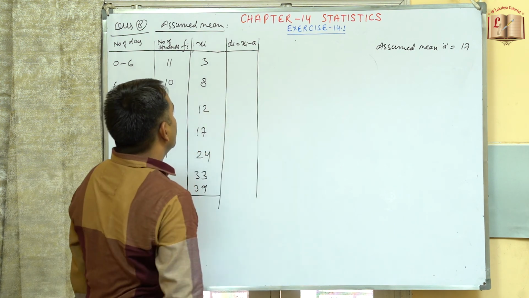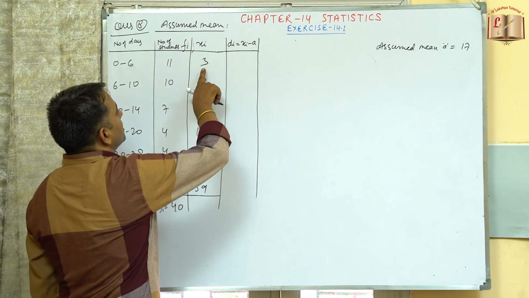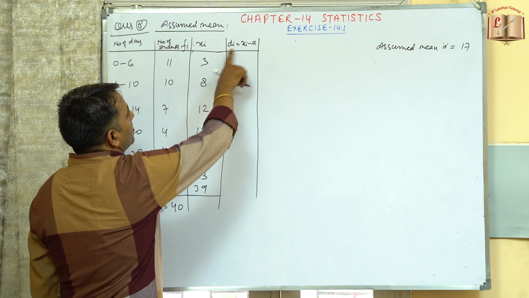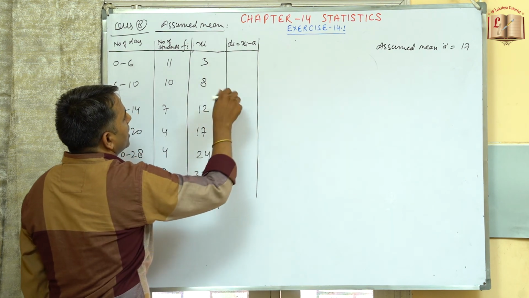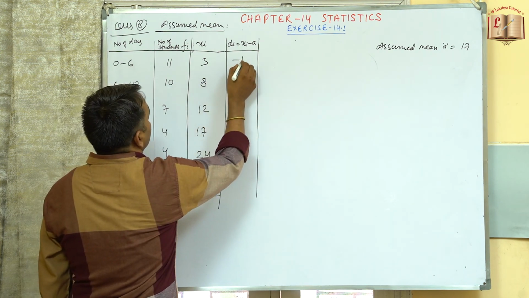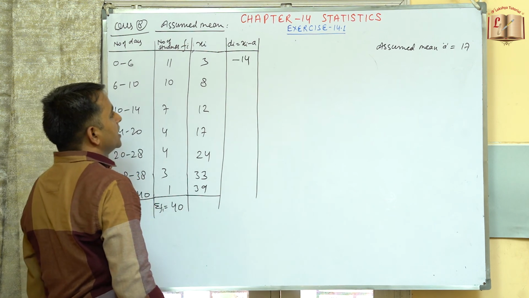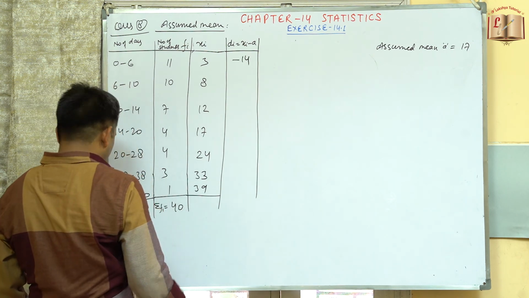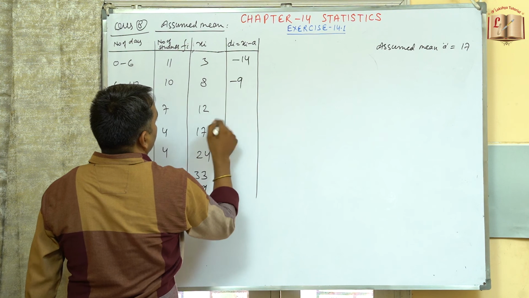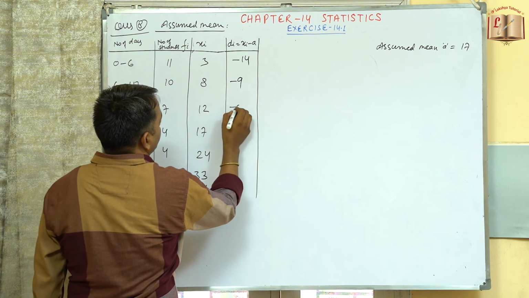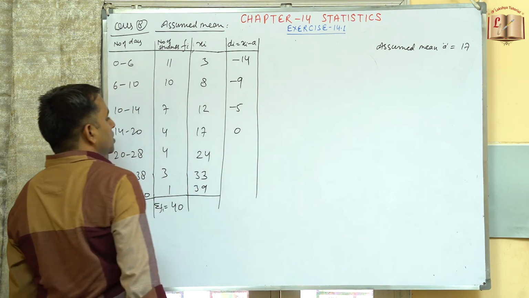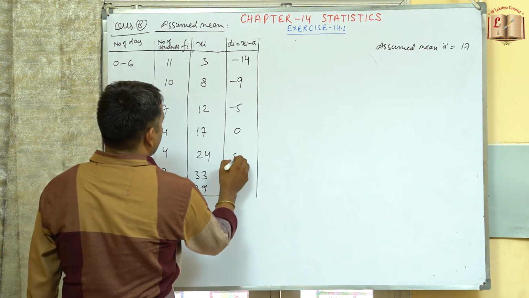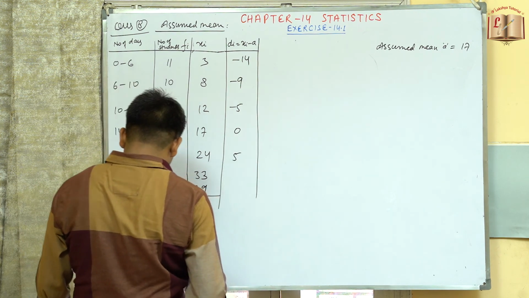So this will be di. This will be 3 minus 17, so this will be minus 14 for the first case, and for the next case it will be minus 9, then minus 5, this will be 0, then again it will be 5.